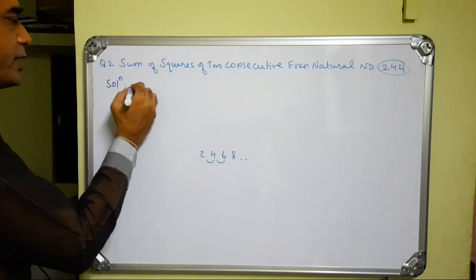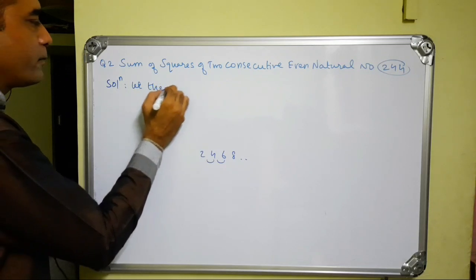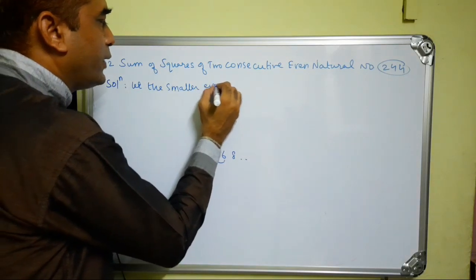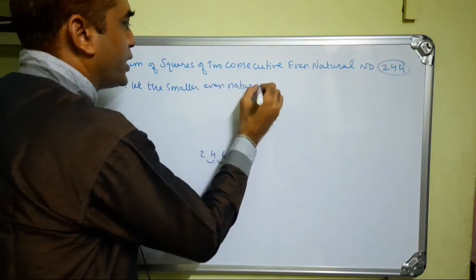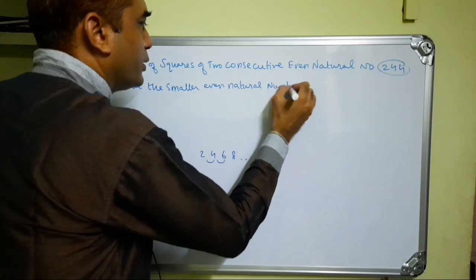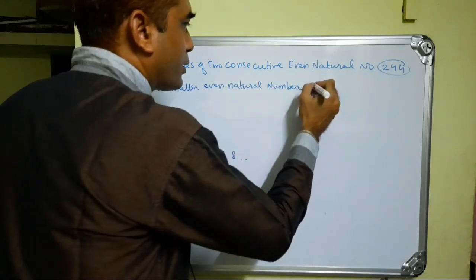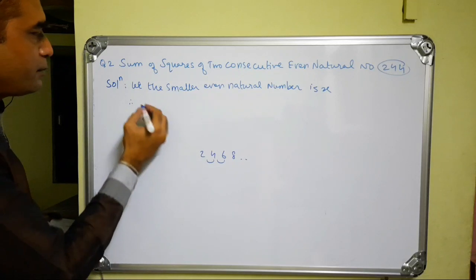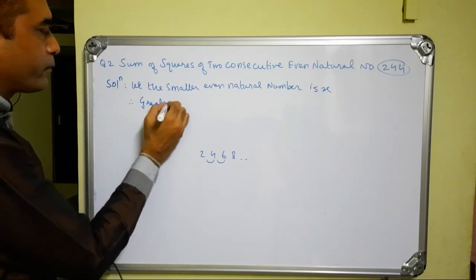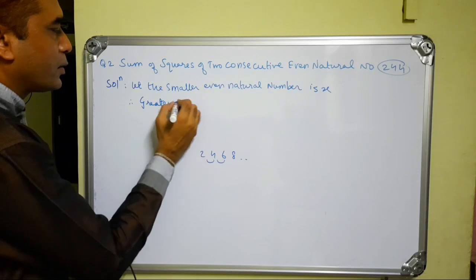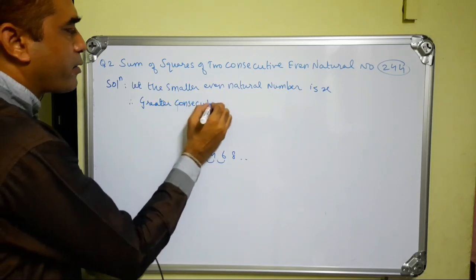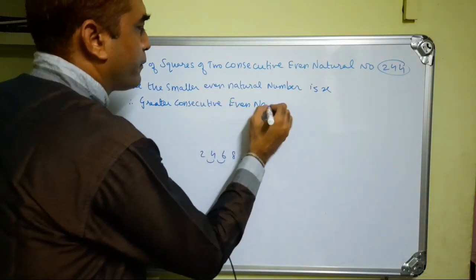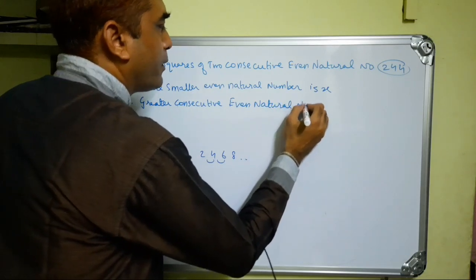So let the smaller even natural number be x, and therefore what will be the greater consecutive even natural number?